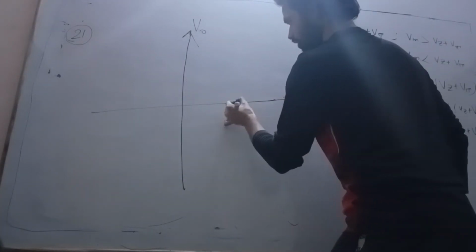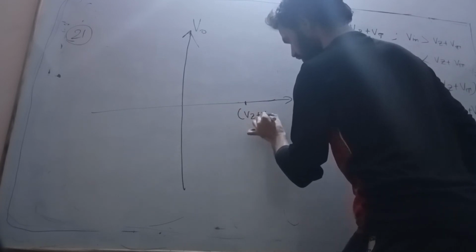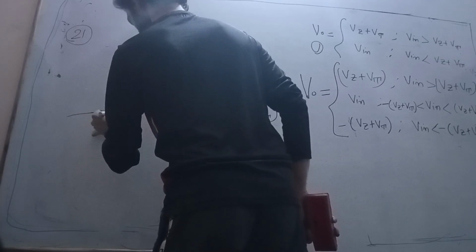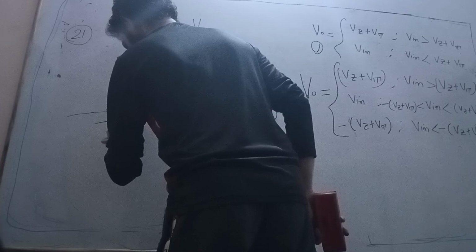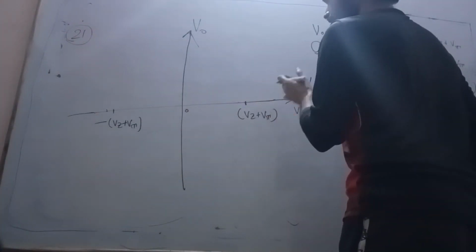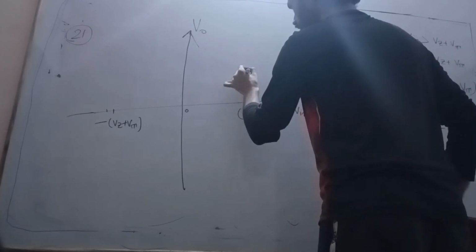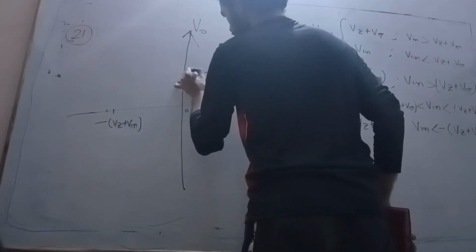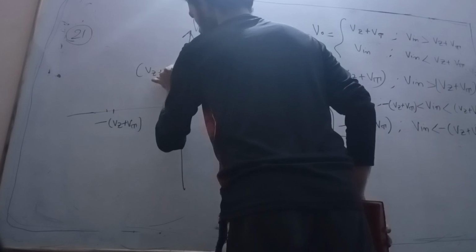Somewhere here it is Vz plus Vt, and somewhere here it is the negative value, minus Vz plus Vt. So at Vz plus Vt, what is the output? It is just Vz plus Vt.